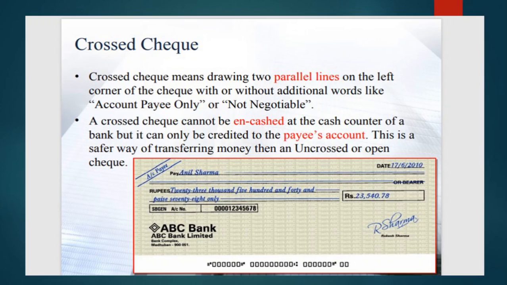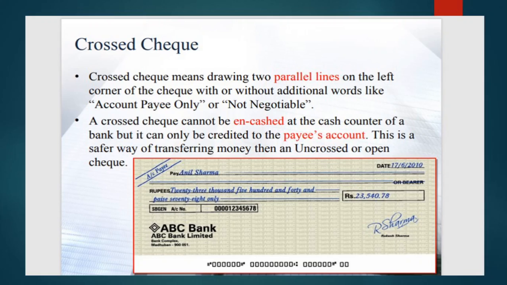Next is a cross check. A check which carries two parallel lines at the top left corner of the check, with or without the words "and company" or "not negotiable" or "account payee" between the parallel lines.